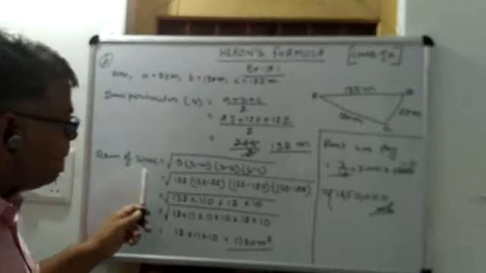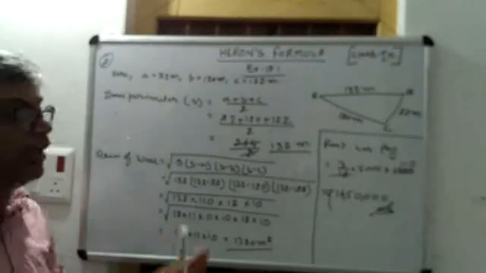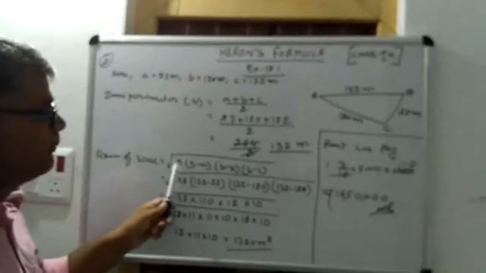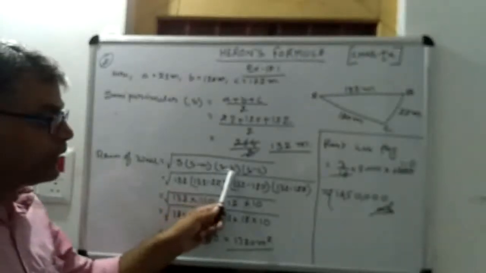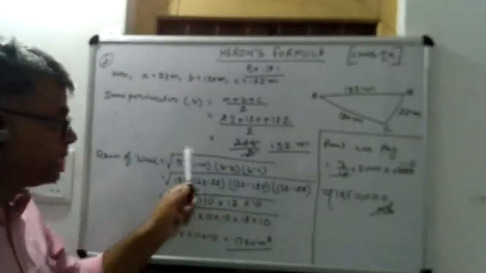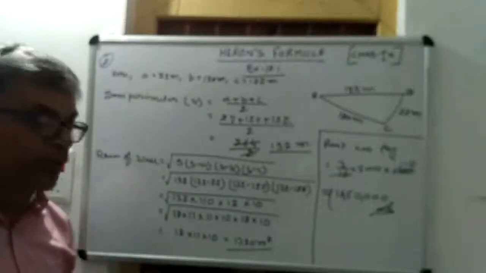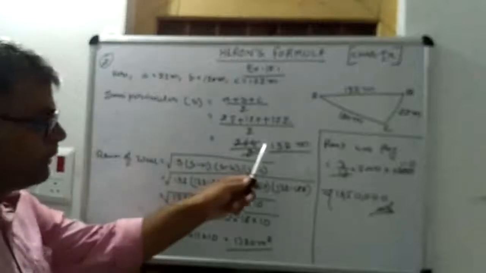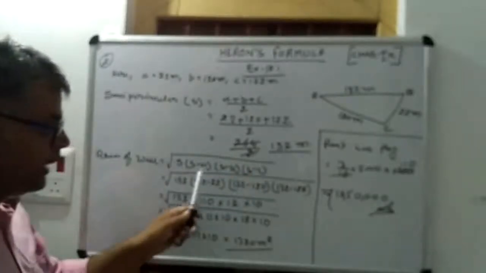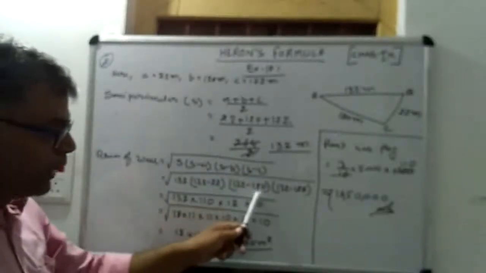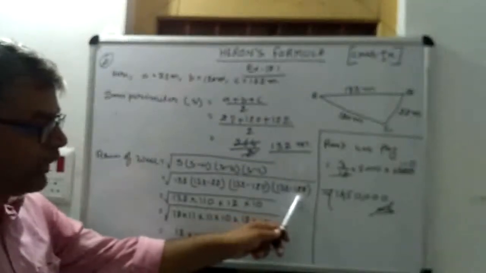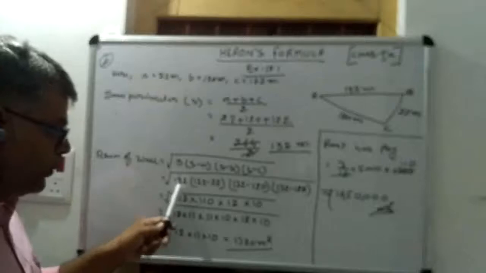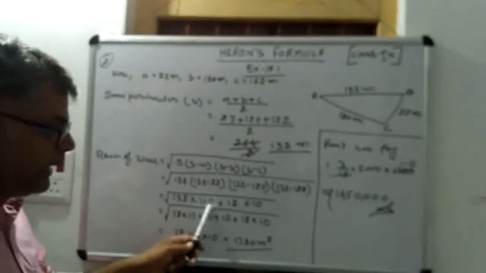After that, we apply Heron's formula to get the area of the wall. So the area equals the square root of S into S minus A into S minus B into S minus C. Putting the values, S is 132, A is 22, B is 120 and C is 122, and simplifying it, we get 132 into 110 into 12 into 10.